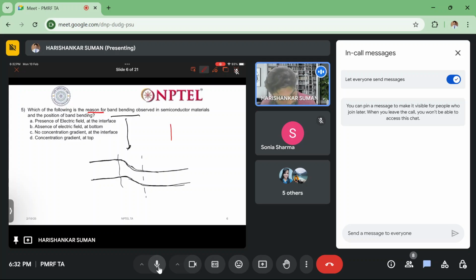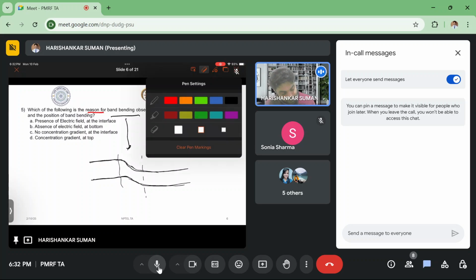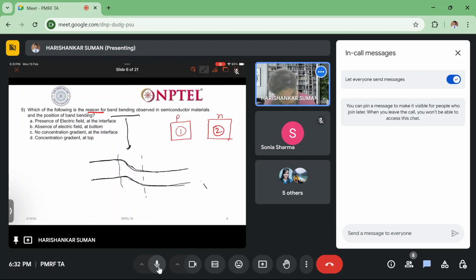Let me discuss. I have a p-type material. I have another n-type material. If I want to combine both, first and second, then what will happen? For p-type, this is the Fermi level. For n-type, this is the Fermi level.